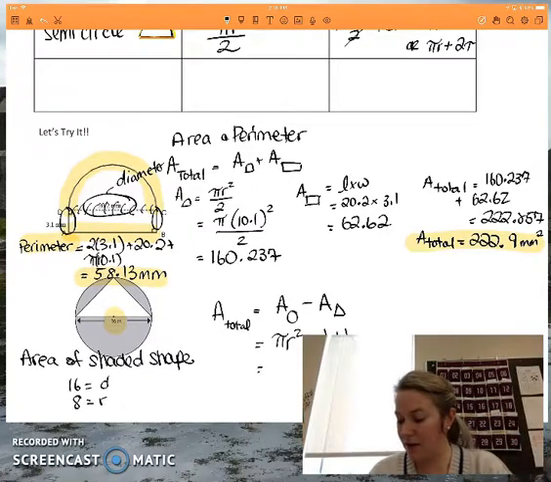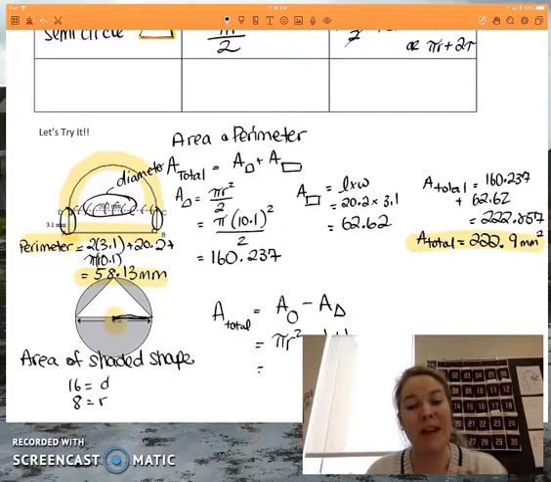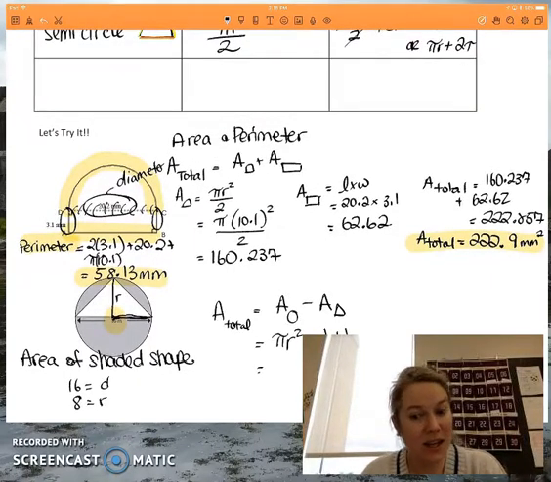And the radius goes from here to here. Remember that a radius goes from the middle of a circle to anywhere on the outside. So the radius also goes from there to there. So the height of the triangle is the radius.